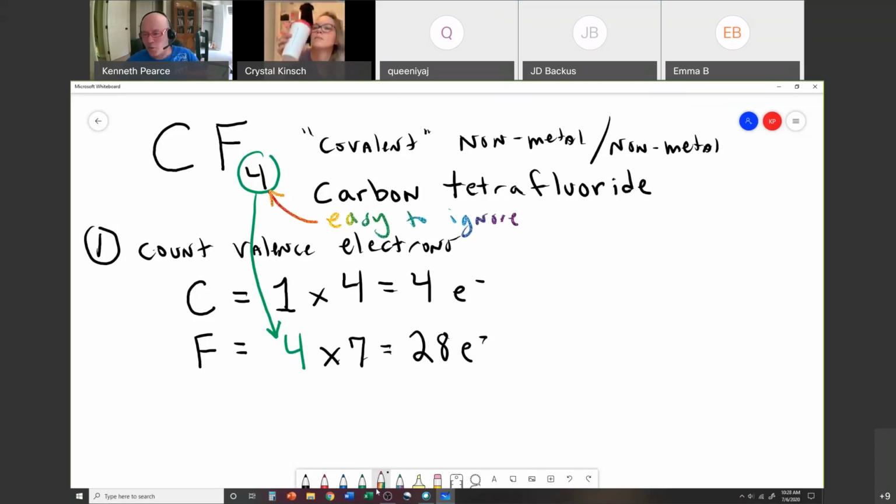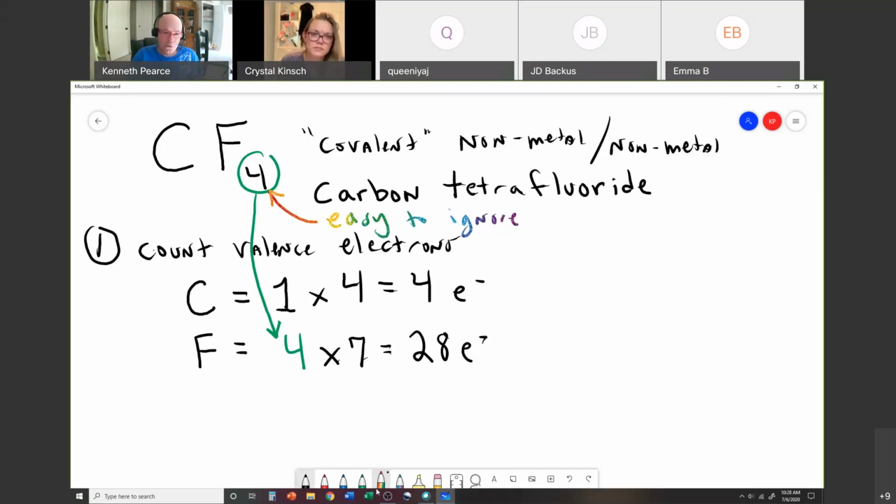You just kind of go with it, okay? If it says that there's a 4 there, then that means there's 4. It sounds like a silly statement to make, but I can tell you how many times I've seen folks who will put down a 3, or they'll put down a 2, or they won't even put down any number at all. They'll just say there's 7. Well, there's 4 of them. So 4 times 7 is 28.